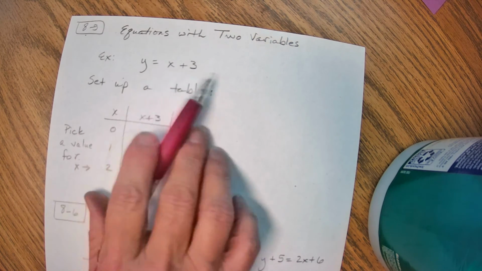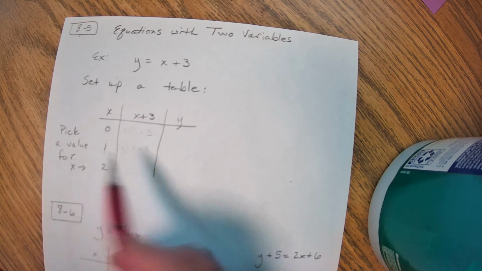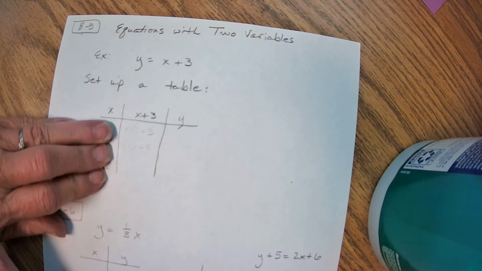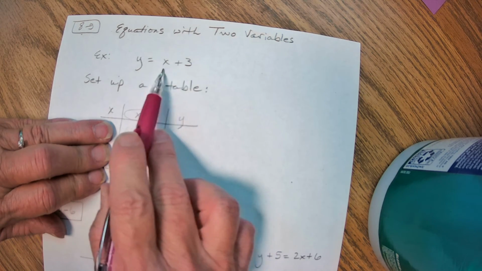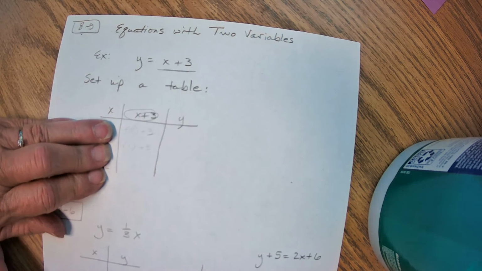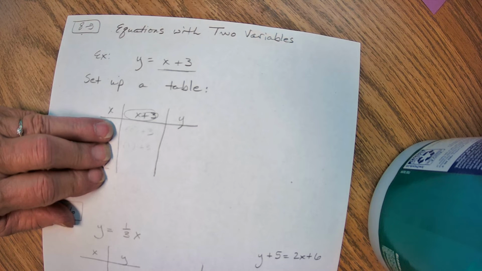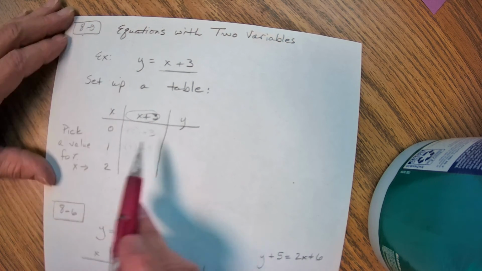So let's say that this is our equation. So I'm going to set up a table. Pretend those aren't there yet. Here's my equation, and then I have the y over here. So remember that x is the independent variable. That means I can pick whatever I want for x. One of the things I always pick for x is 0 because it's so easy to plug in.